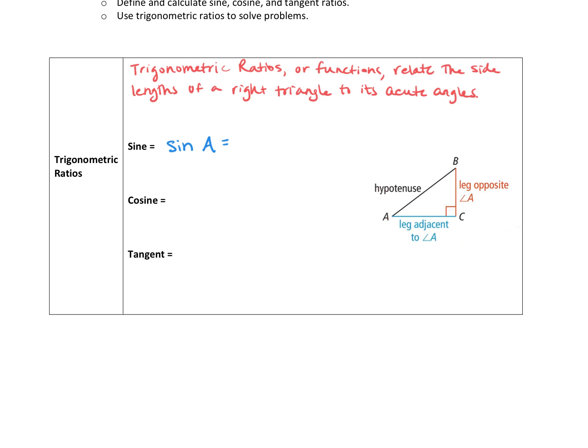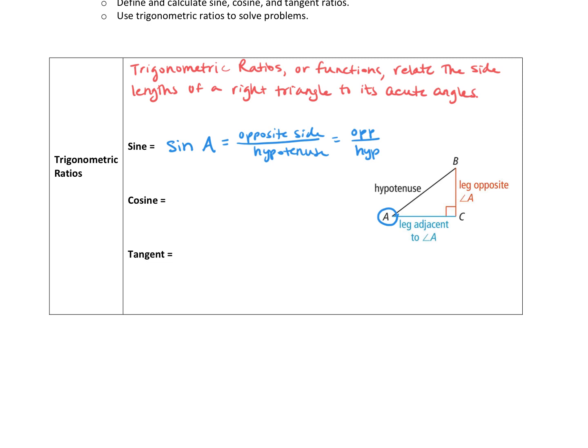This is all labeled in terms of angle A. So if this is angle A, this is the leg that's opposite of angle A. This is the leg that's adjacent to angle A, and your hypotenuse will always be your hypotenuse. So the sine of angle A is the ratio of the opposite side over the hypotenuse. We do abbreviate that. We'll just say opp over hyp, opposite over hypotenuse.